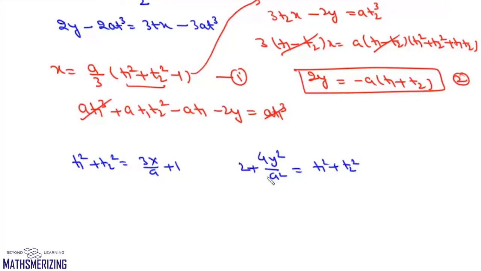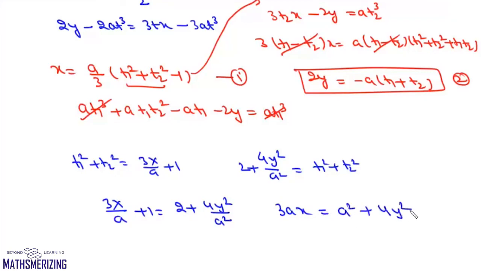So we'll take this 2 here. We equate them, we can write 3x by a plus 1 will be equal to 2 plus 4y square by a square. So it will be 3ax equals a square plus 4y square.